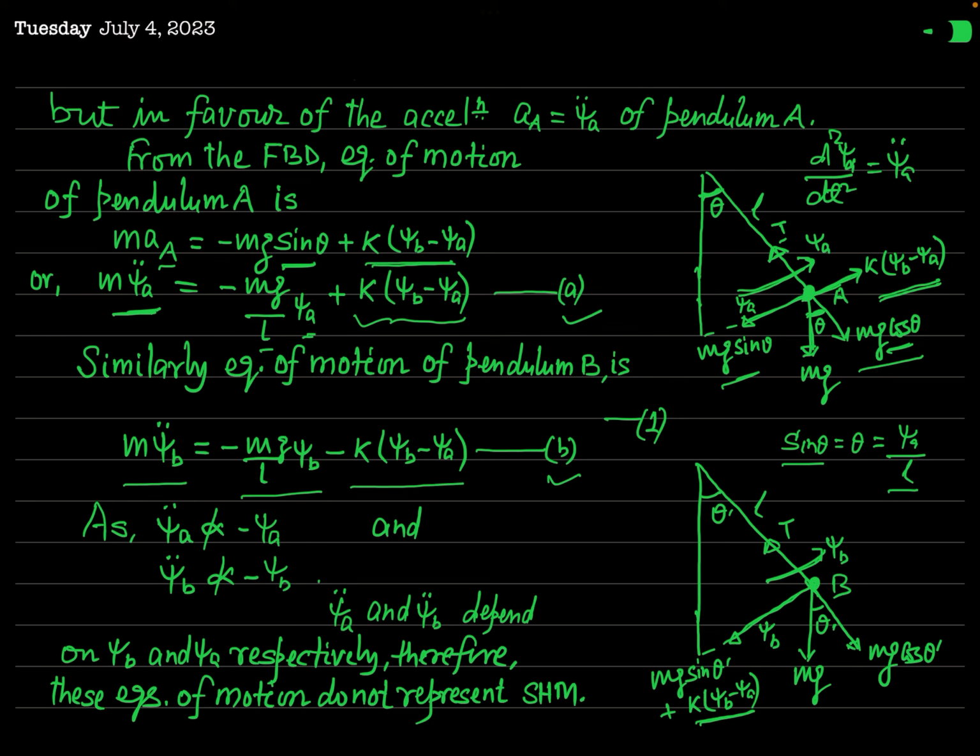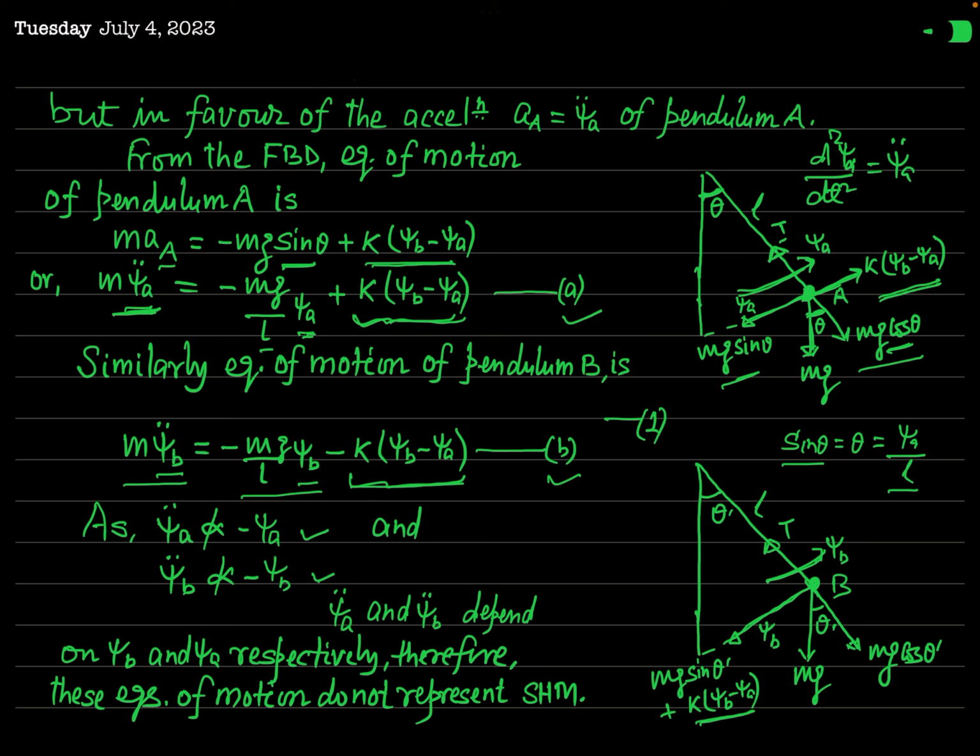Certainly not. Due to the presence of this term k times (psi b minus psi a) in both of these two equations, it is evident that psi a double dot is not proportional to psi a and psi b double dot is also not proportional to psi b. I have written it here: psi a double dot is not proportional to minus psi a and psi b double dot is not proportional to minus psi b.